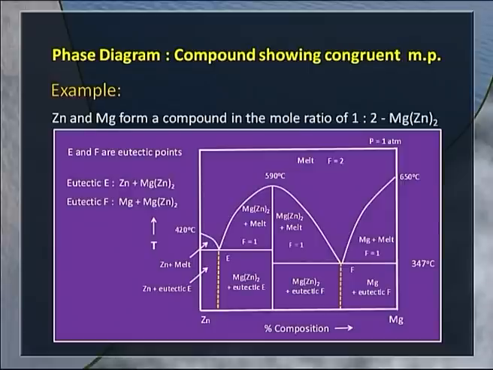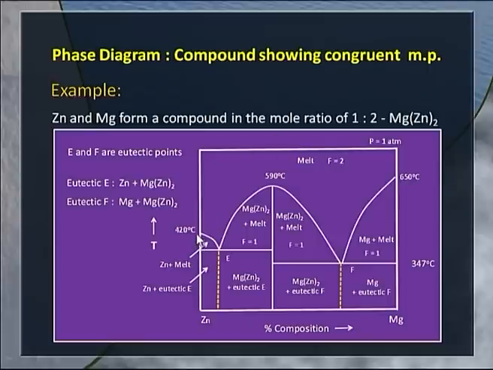And if you trace the line starting from the melting point of zinc and move along and finally reach the melting point of magnesium, passing through the melting point of the compound that is formed, that gives us the liquidus, because the system exists as a melt above this line.